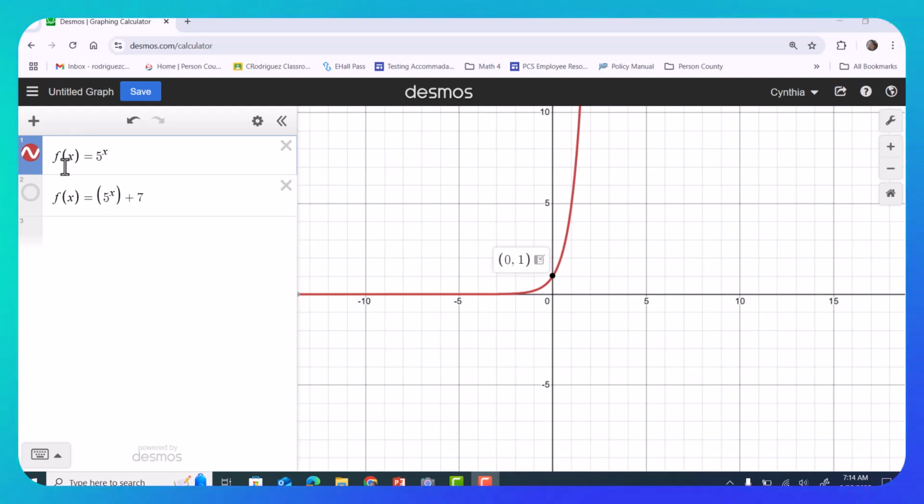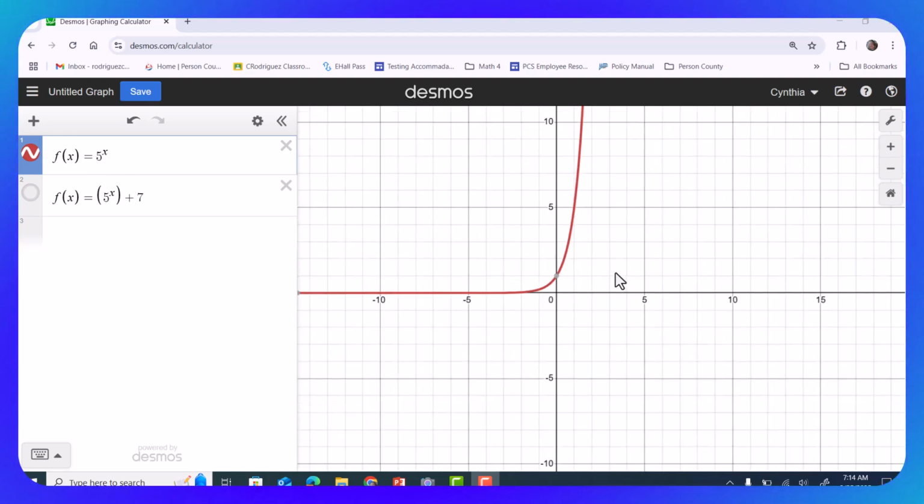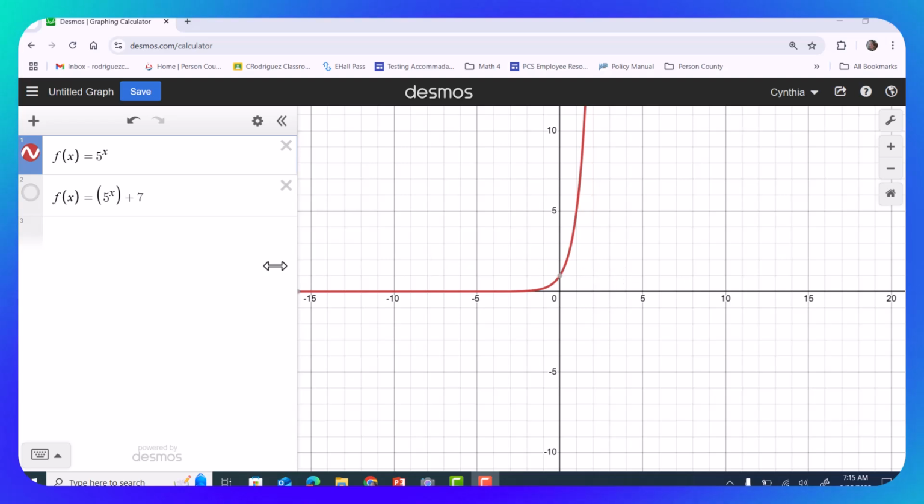All right, you can see the original function f of x equals 5 to the x. Again, it's crossing the y-axis at 0, 1, just like we said, because any number to the 0 power is 1. And it's going to go up incrementally. In question number 2, we added 7 to the end.